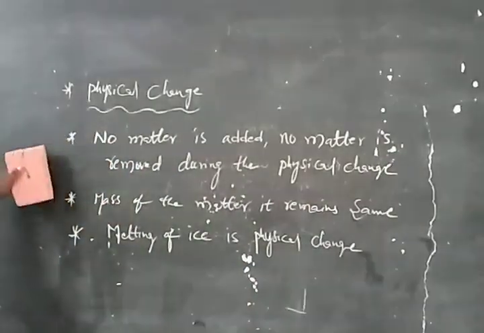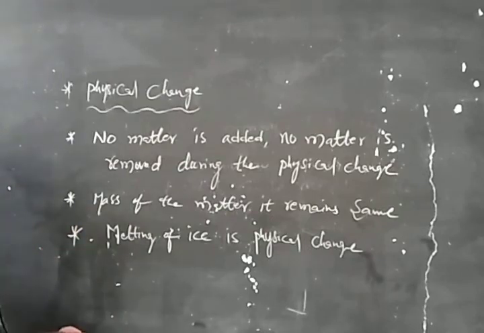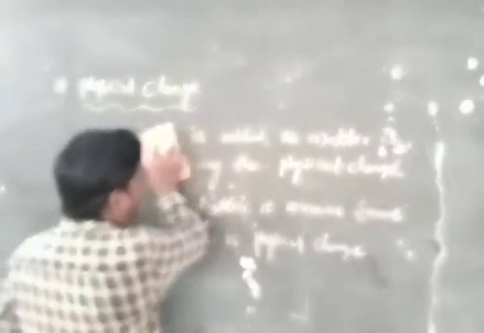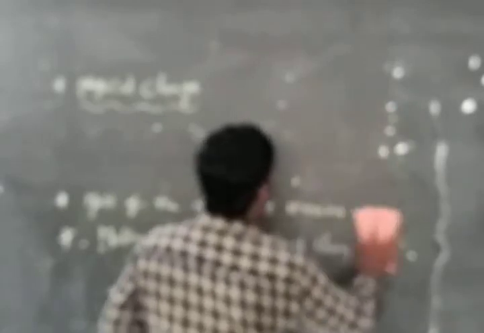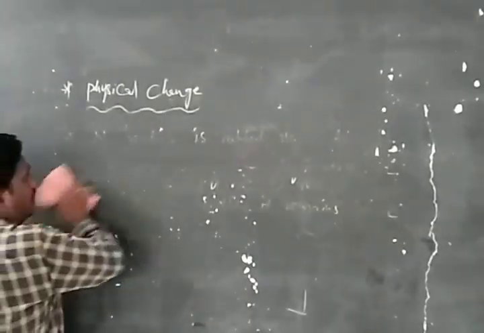So this is the description of physical change. A change in which no new substances are formed, and which can be reversed by reversing the conditions is called a physical change. Now let us discuss about the chemical change.